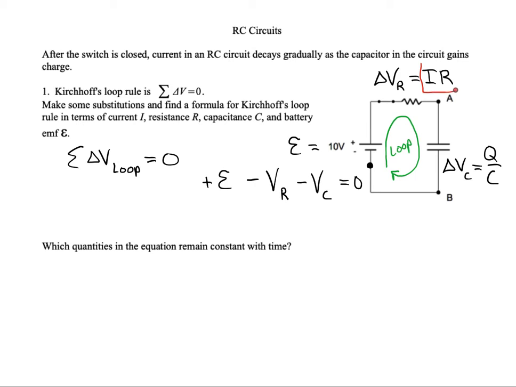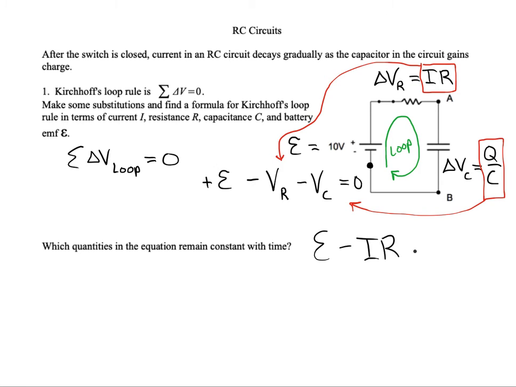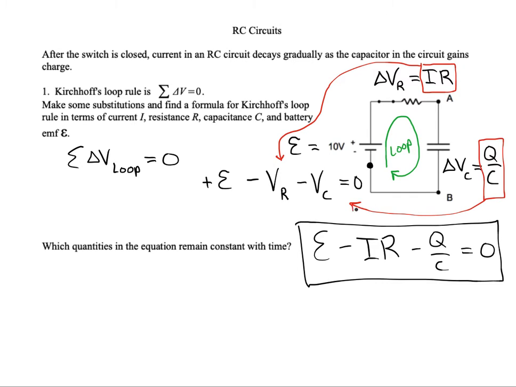Now, if we wish, we can take the formulas that we have for VR and VC and plug them in. This gives us a nice equation for a RC circuit.